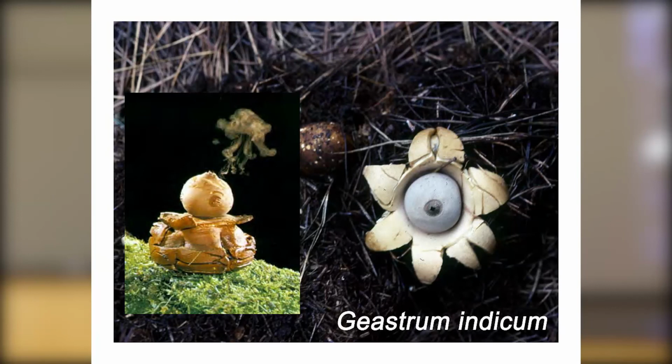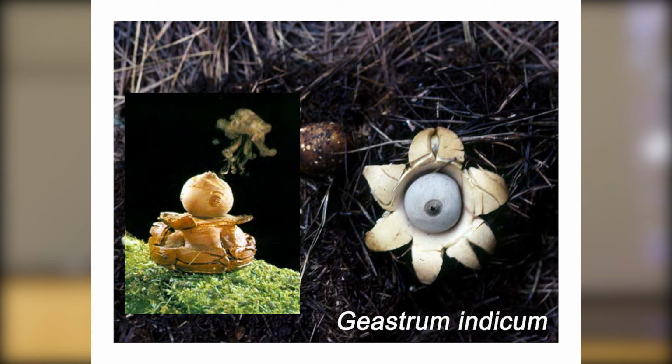Okay, now we go to a group that are commonly called the puffballs. Okay, this is Geastrum indicum, and literally that means earth star. You can see why that would have that name. Here's the immature puffball. When it starts to mature, it splits stellately to form the star-shaped outer layer that you see here.